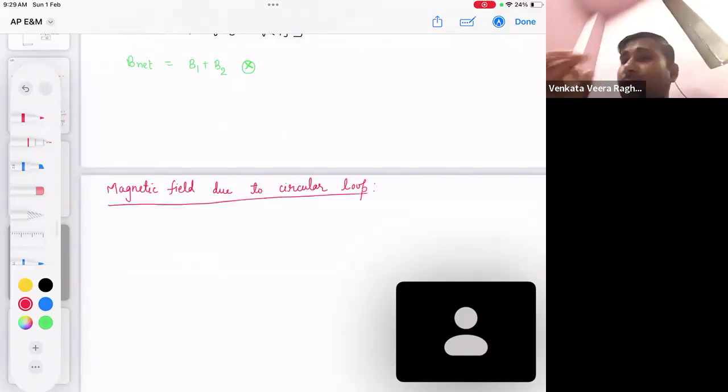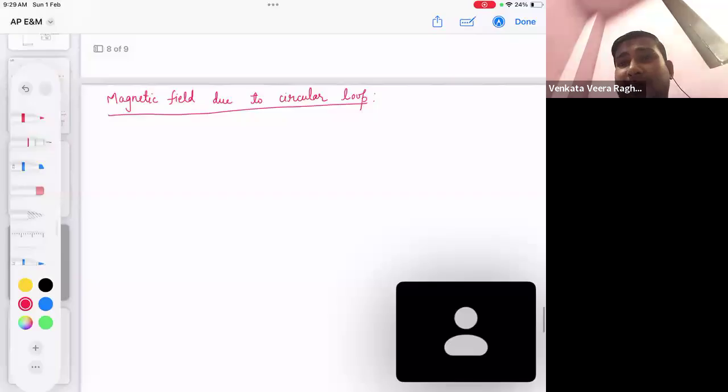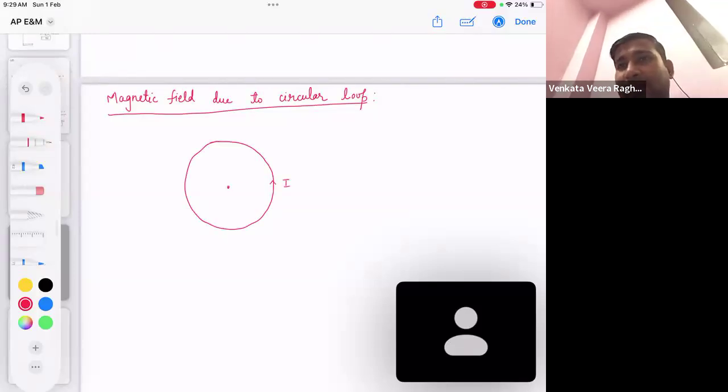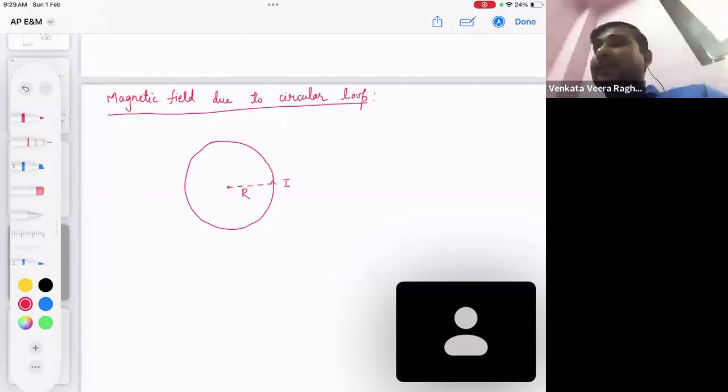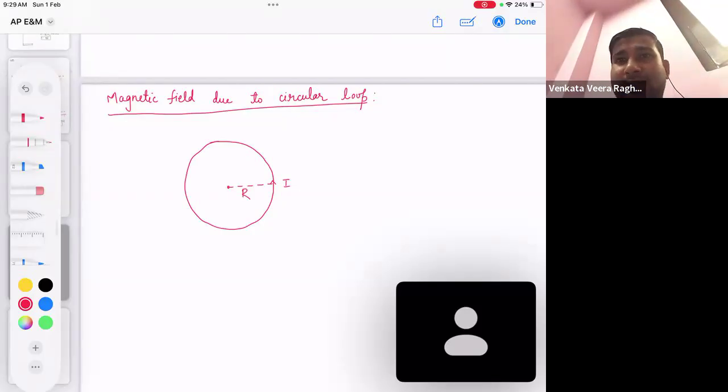Okay, so if I'm calculating the magnetic field due to a circular loop, you see this is the loop, a circular loop having some current I, and the radius of the loop is something R. And where do we want to calculate the magnetic field?